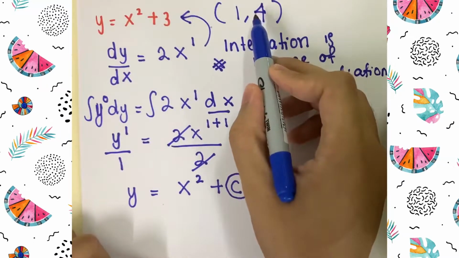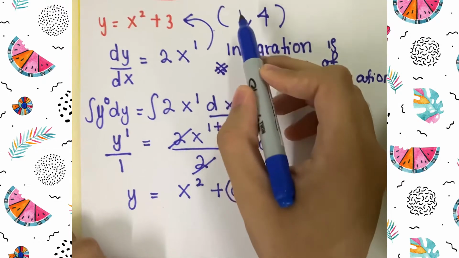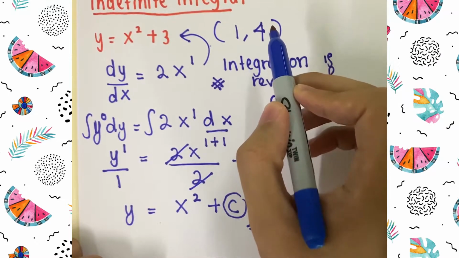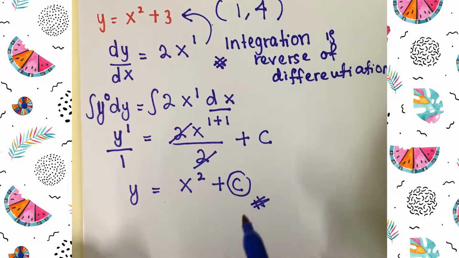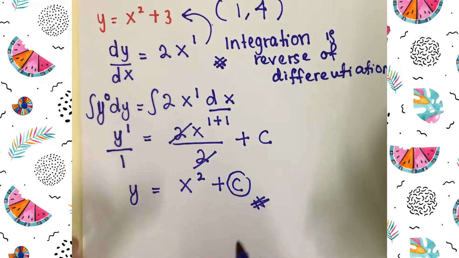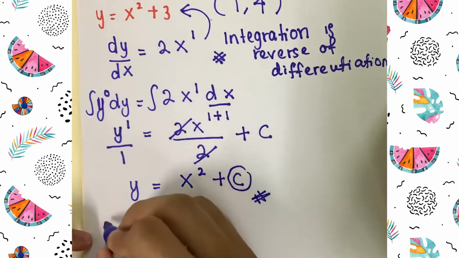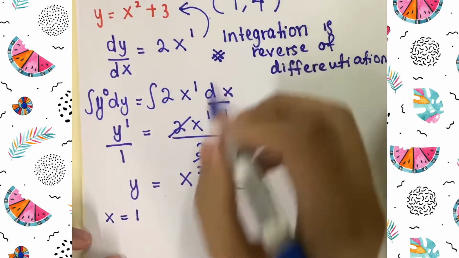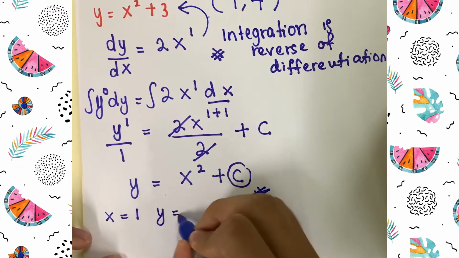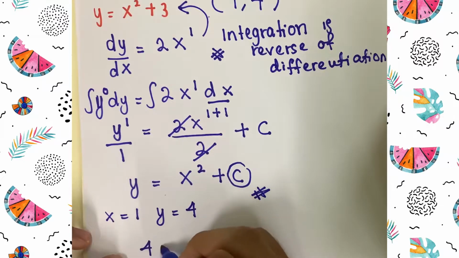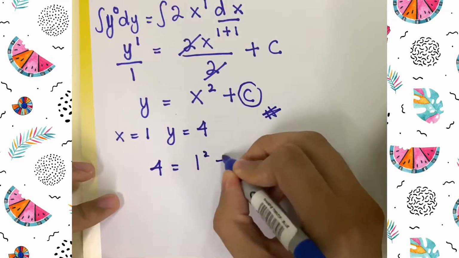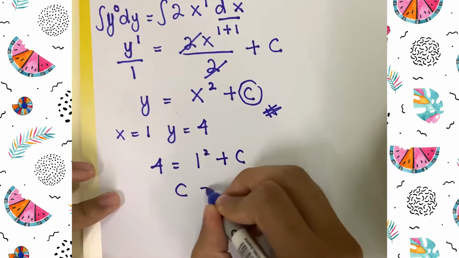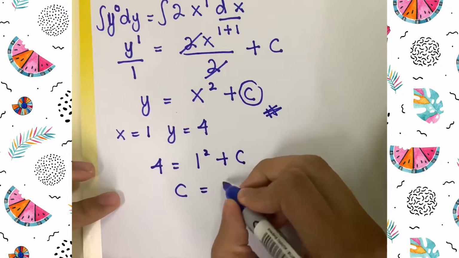So if I substitute x equals 1 and y equals 4 into this equation, I can solve for my c. Let's do that. 4 equals 1 squared plus c. So c equals 4 minus 1, which is just 3.